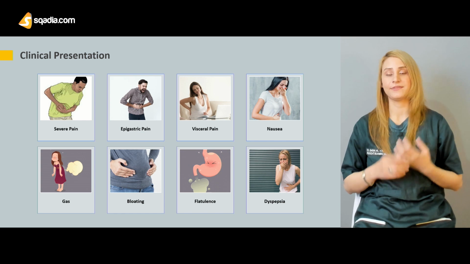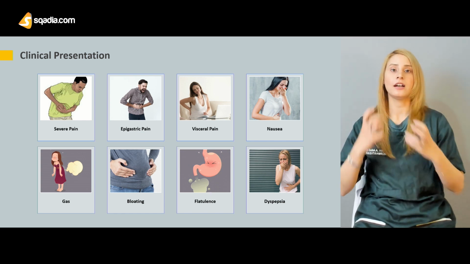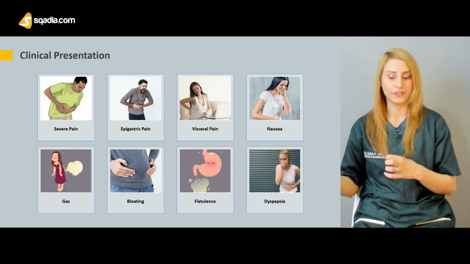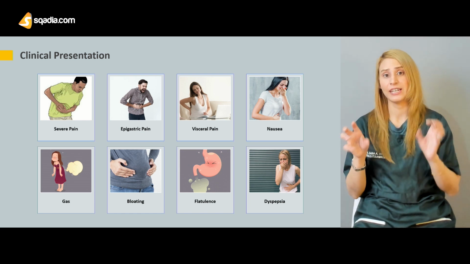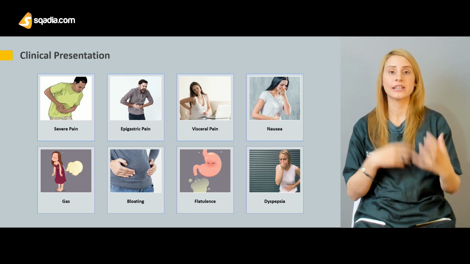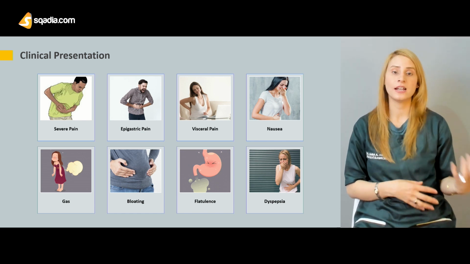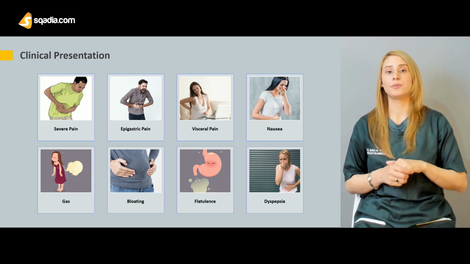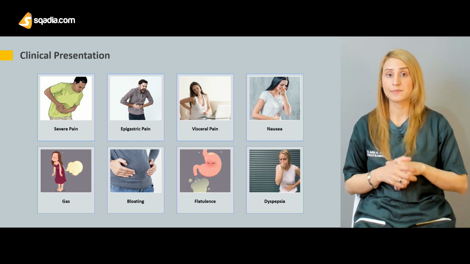Biliary colic is defined as a severe episodic pain which remains for a few minutes and then goes off on its own. It can be associated with nausea, epigastric pain, bloating, flatulence and dyspepsia.